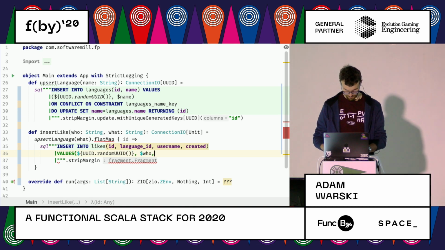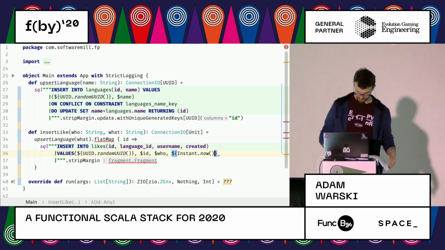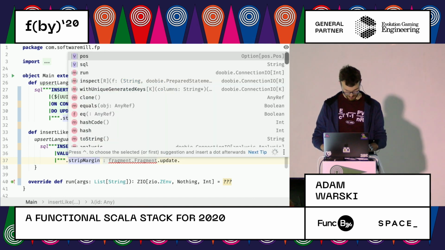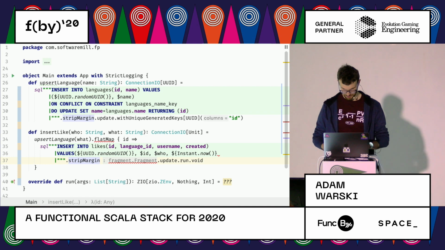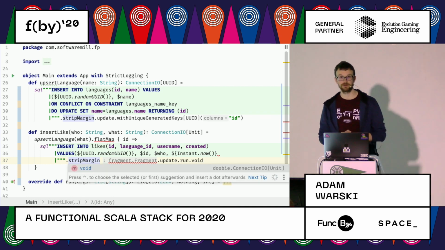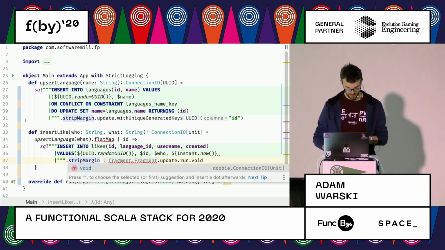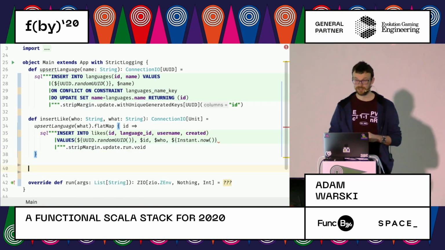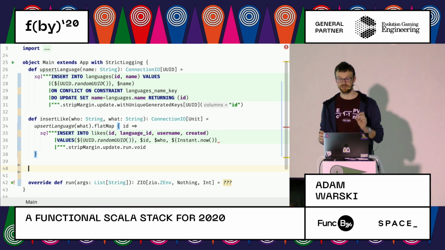The ID of the who, and instant.now. Okay. Yeah, I guess that's it. Now we have to say that again it's an update and that we don't care about the return value, which by default will be the number of modified rows. And it compiles. Nice.